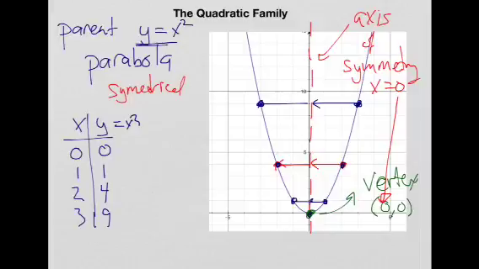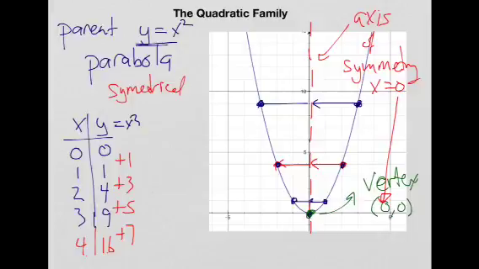But if we think back to some of the work we did with sequences, we do see there is a pattern here. It's not arithmetic, it's not geometric, but we're adding 1, adding 3, adding 5. You're adding these odd numbers. So if we went to 4, which is not on our graph, we could add 7. 9 plus 7 is 16, or we could say 4 squared equals 16.